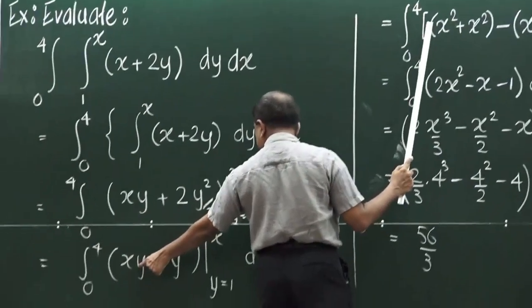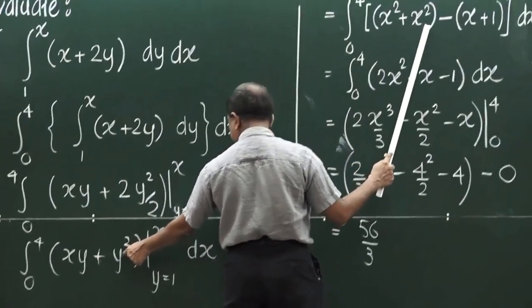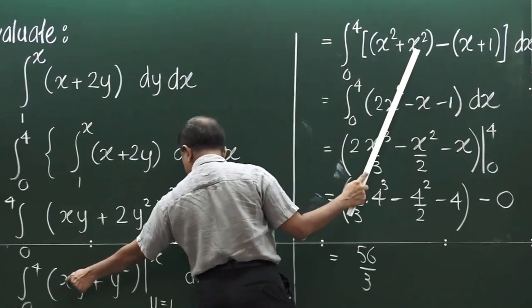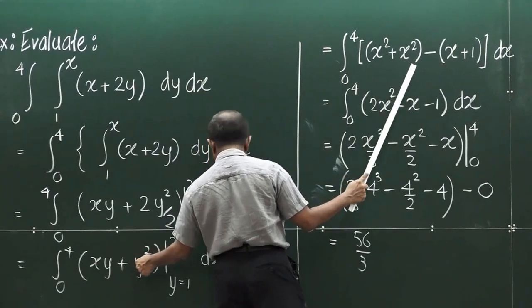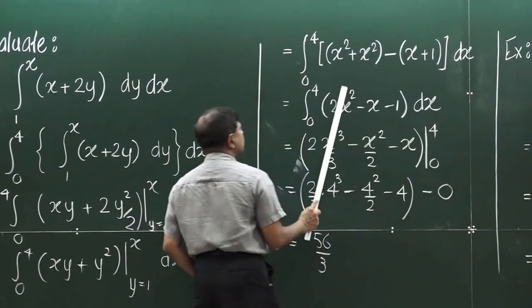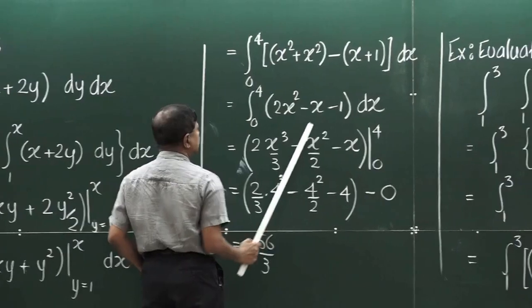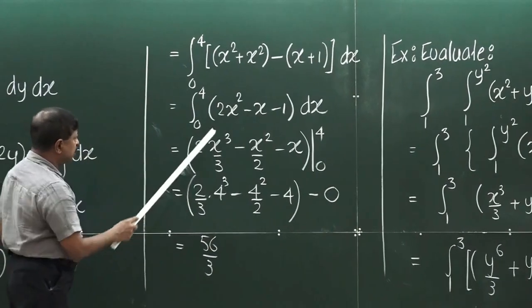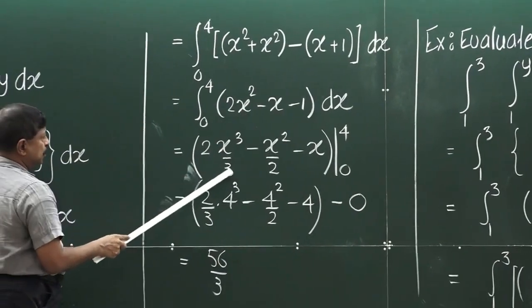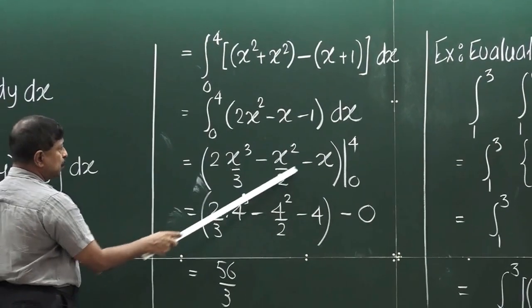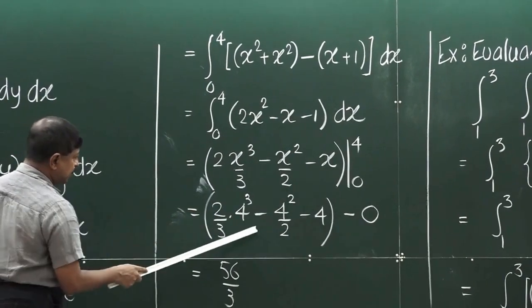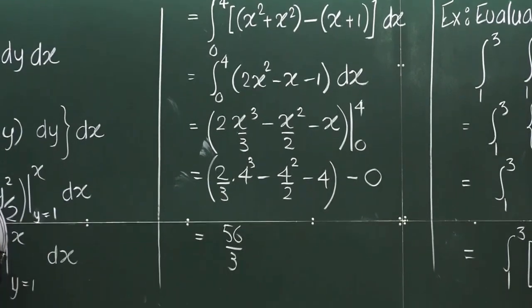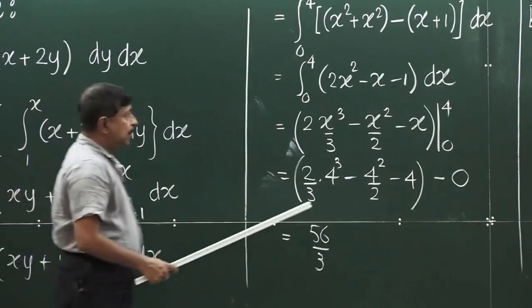When you plug in x, you get x squared, here you get another x squared, minus, when you plug in 1 for y, you get x plus 1. Then this 2x squared minus x minus 1 is a simple integral, you can do it. Here you get x cube over 3, here you get x squared over 2, here you get x, plug in the limits, you will end up with this, right.